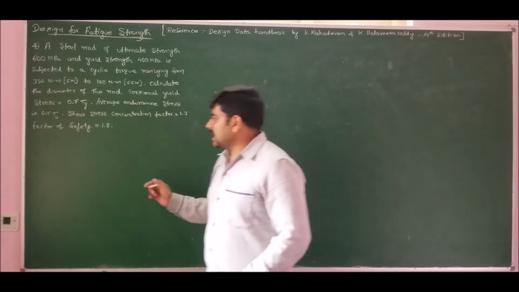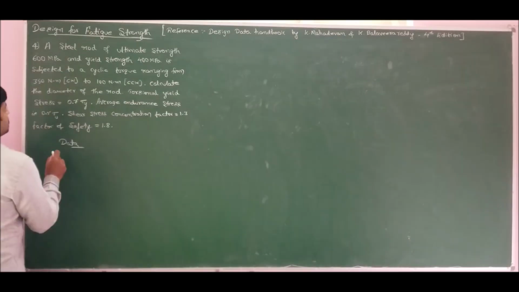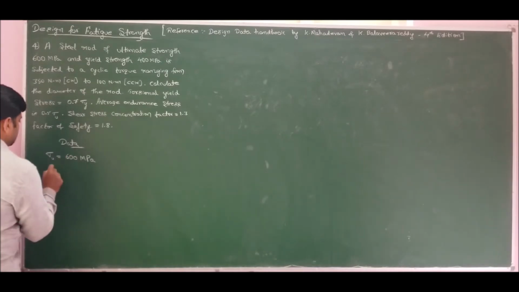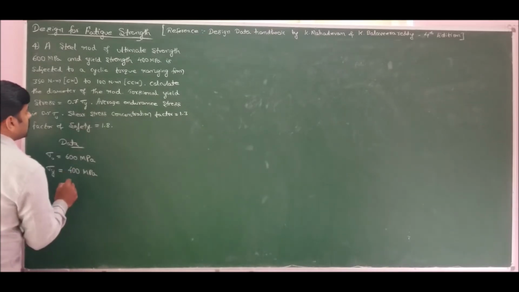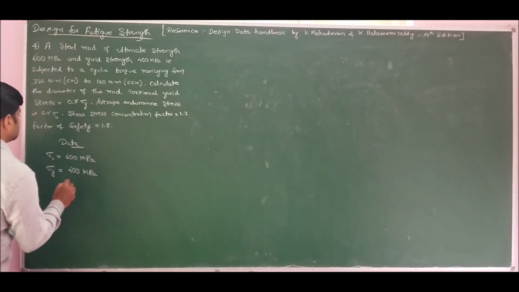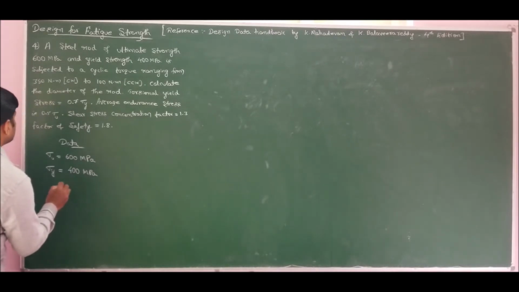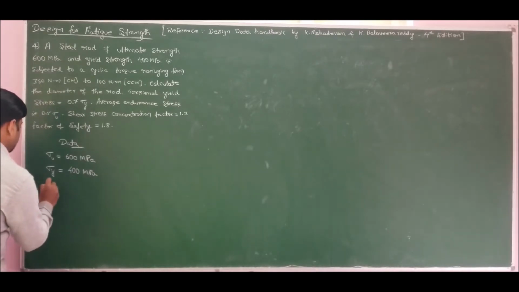If I list out the data, we have a steel rod whose ultimate strength is given, sigma ultimate is 600 megapascals, and yield strength is mentioned, sigma yield is 400 megapascals. It is subject to a cyclic torque ranging from 350 Newton meters. Since we are solving in millimeters and megapascals, I should convert it. Let me take the maximum value as positive, that is clockwise as positive.